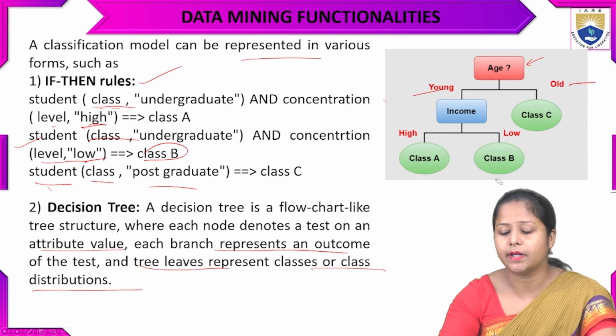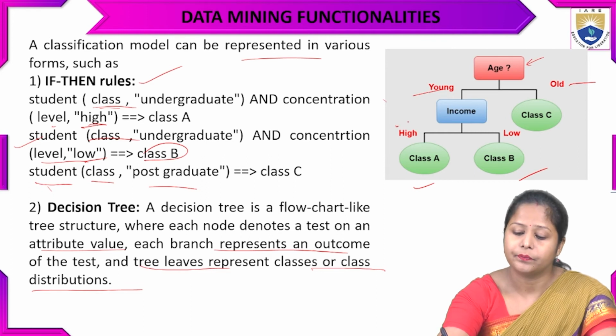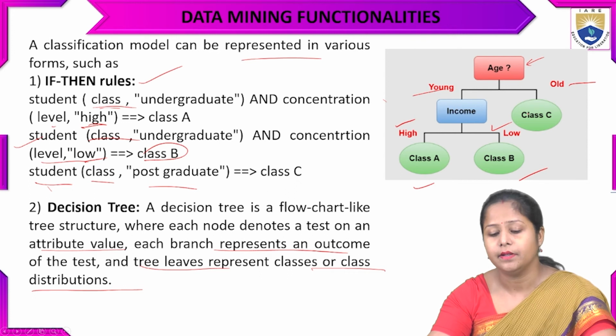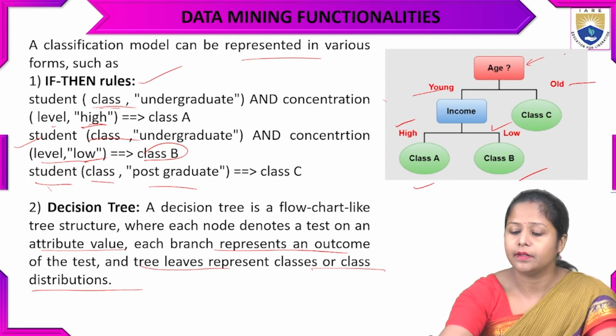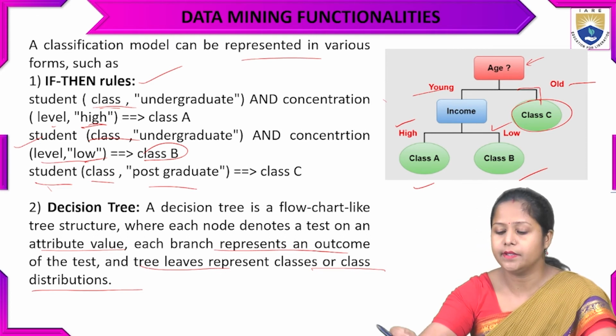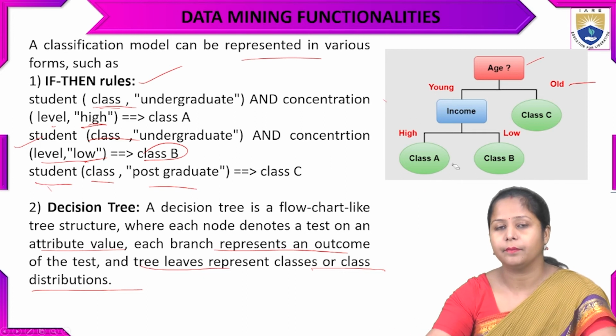The leaves will be class A and class B, having the high and low representations. On the other hand, old is classified simply into a class C leaf. So that is the depiction of one decision tree.